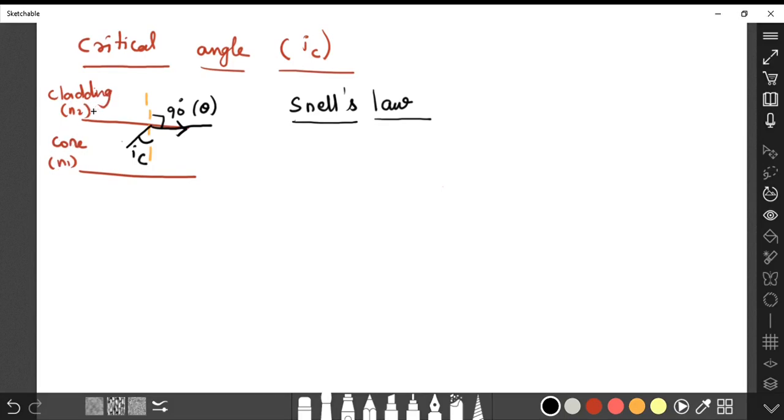Based on Snell's law, N1 sin I, since in the first medium the incidence takes place, is equal to N2 sin theta, since in the second medium the angle of refraction takes place. So N1 sin I is equal to N2 sin theta. This is Snell's law.